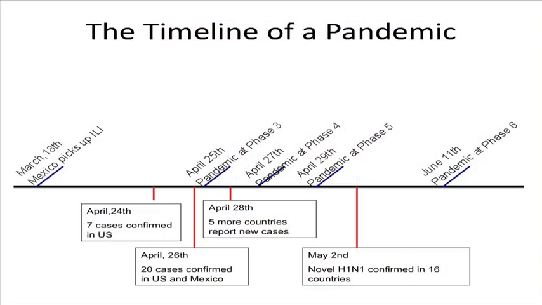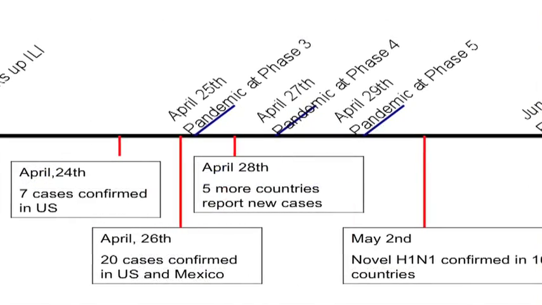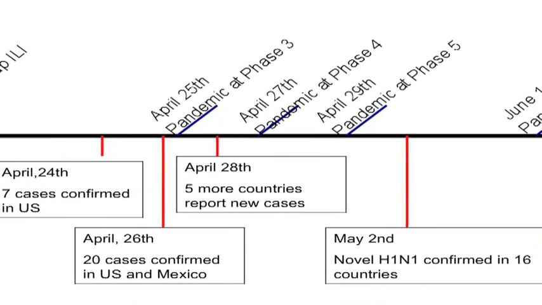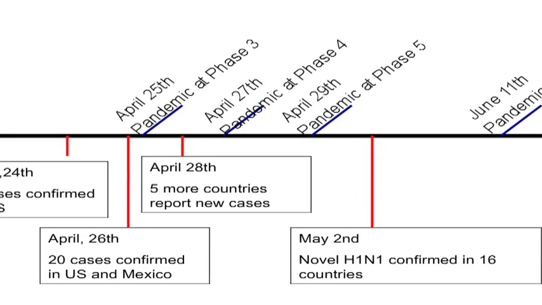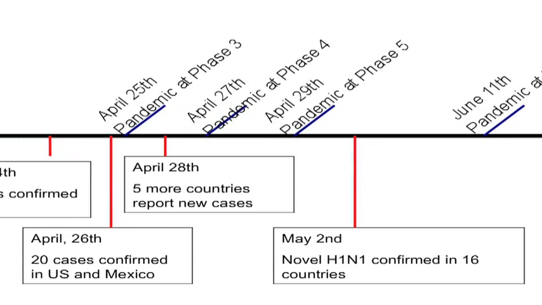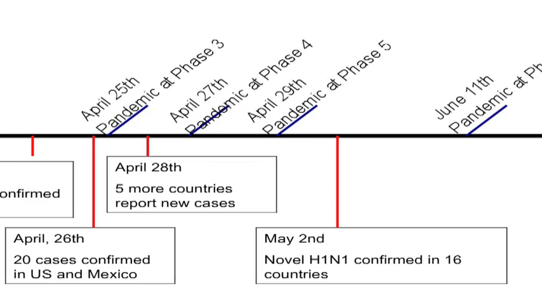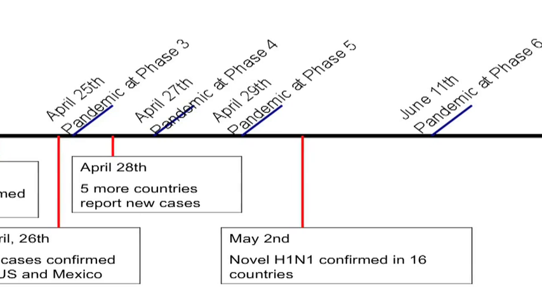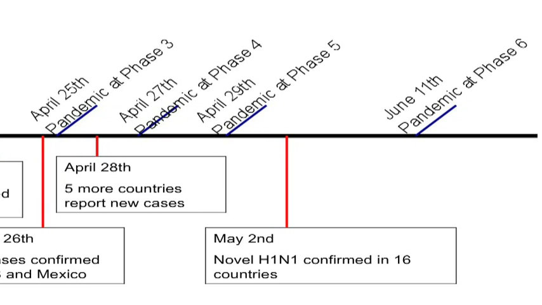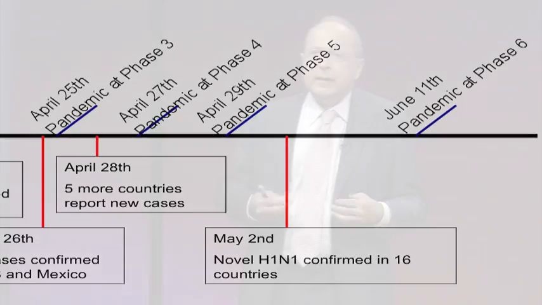At the end of April, more cases were confirmed in the US, and then we also found cases in different countries: 5 countries at the end of April, and several more countries at the beginning of May. Then the WHO, the World Health Organization, decided to call this a pandemic. The definition of a pandemic is a global epidemic.